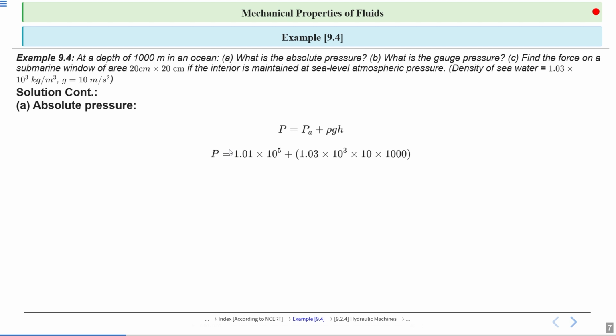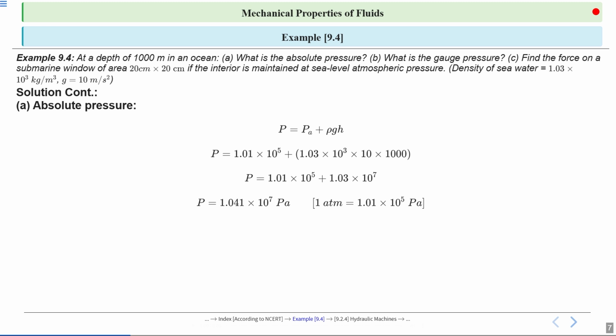So solving this, you will get the value of P. So simplifying the equation, we get P equal to 1.01 into 10 raised to the power 5 plus 1.03 into 10 raised to the power 7. So we calculate the absolute pressure as P equal to 1.041 into 10 raised to the power 7 Pascal.